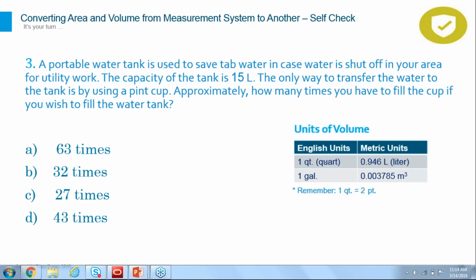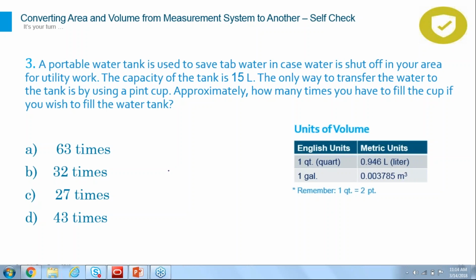Since I know my tank is 15 liters, I have to wonder how many quarts that is. From there, since each quart has 2 pints, I can just double that number or do another proportion if you wish, and then find how many pints we need, and that would be equivalent to how many times we need to fill that 1 pint cup to fill the water tank. So let's do that one step at a time.